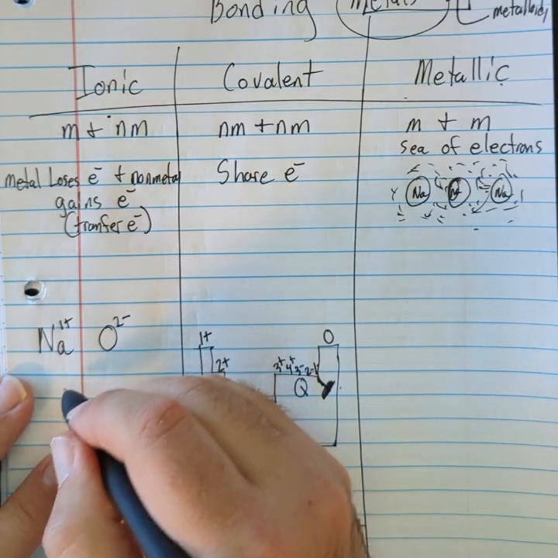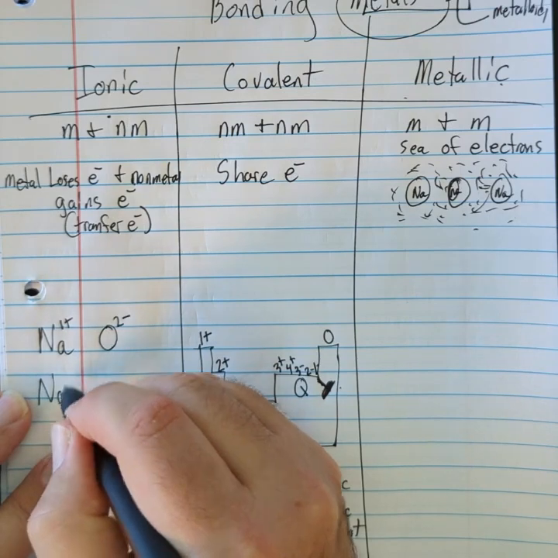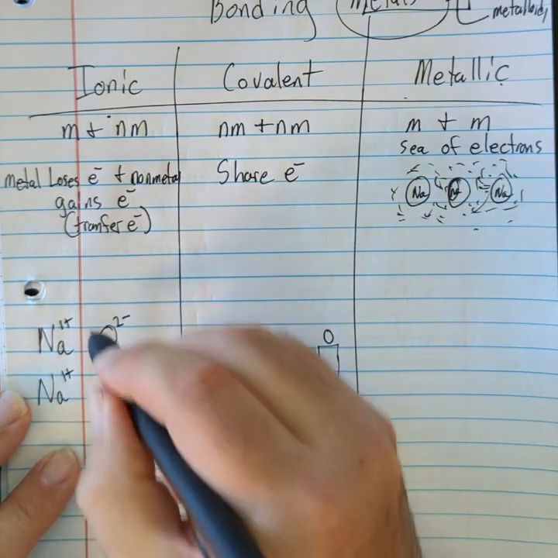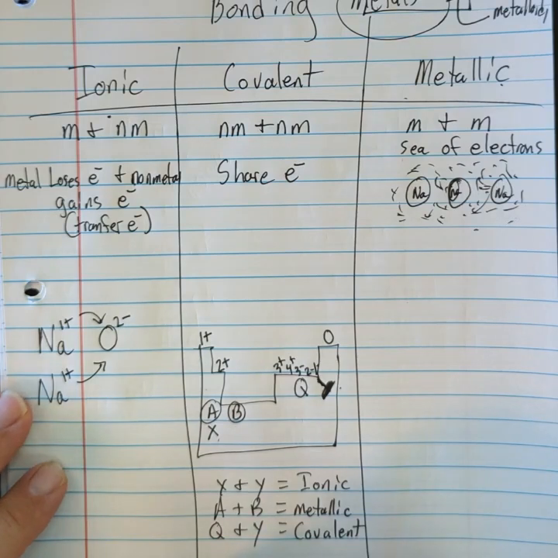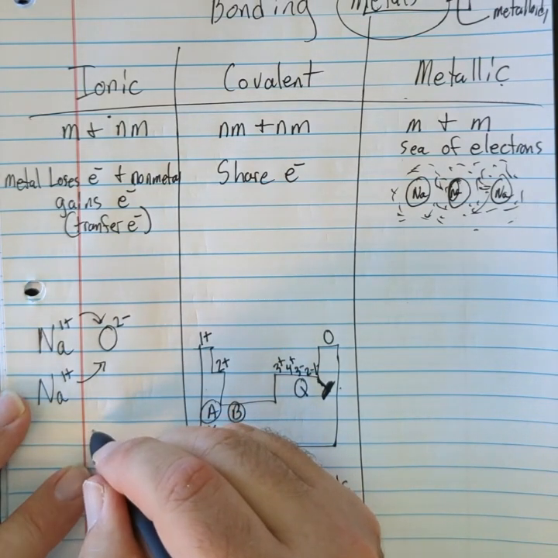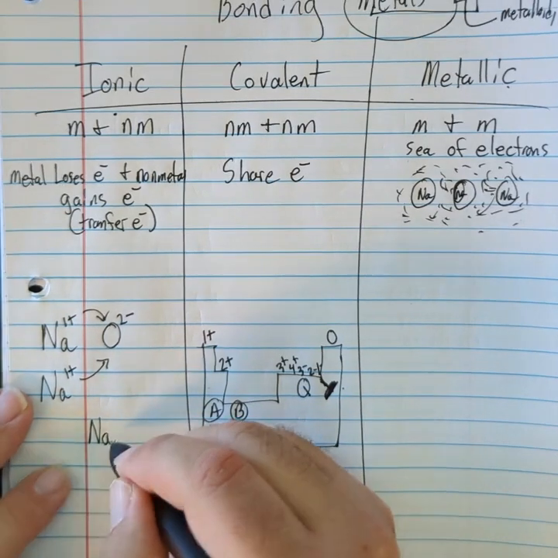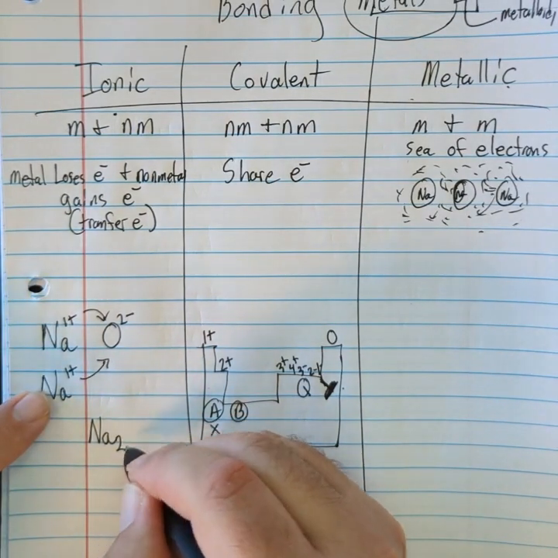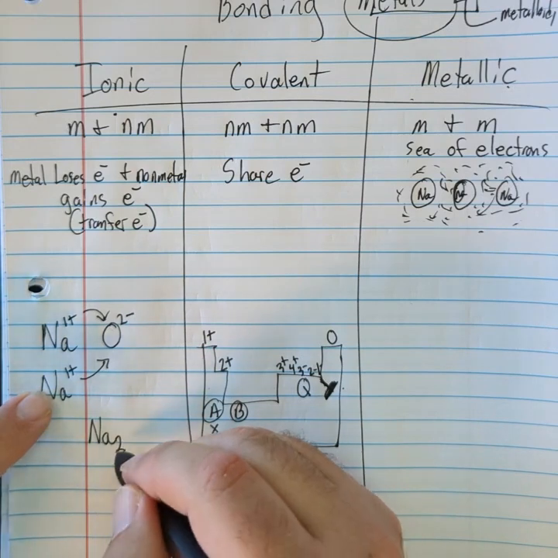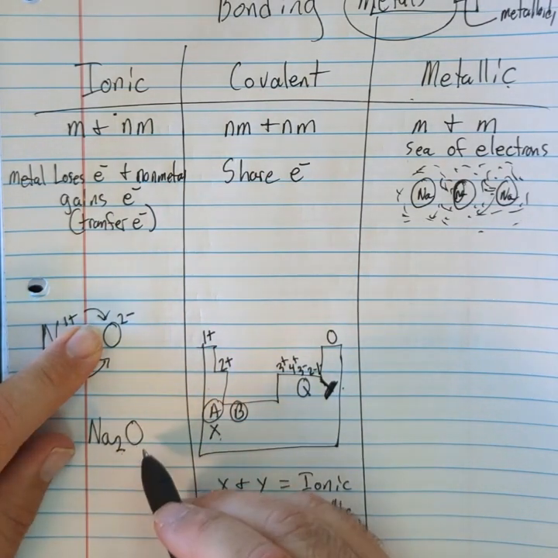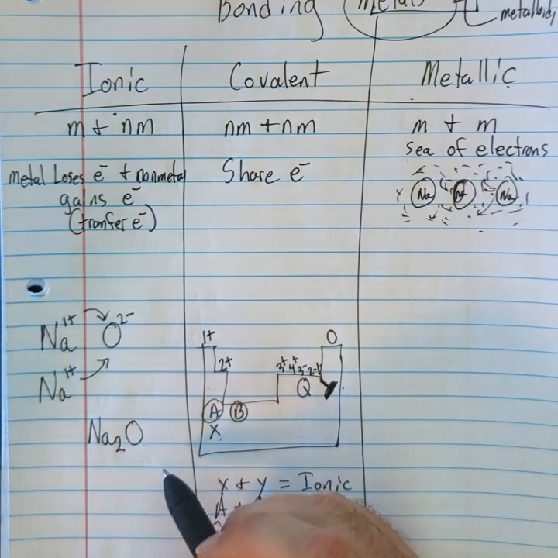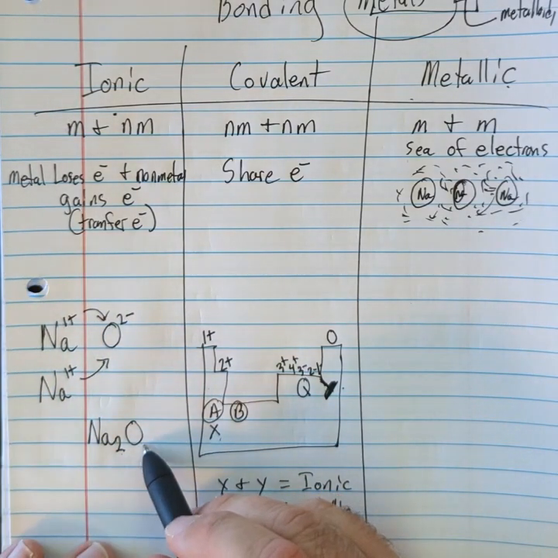So what that means is I need 2 sodiums to give electrons to this oxygen to form a stable compound. And so what you're going to end up with is Na2O. The subscript 2 tells you how many atoms. I don't need to put a subscript on the O because if there's no subscript, it's understood to be 1.